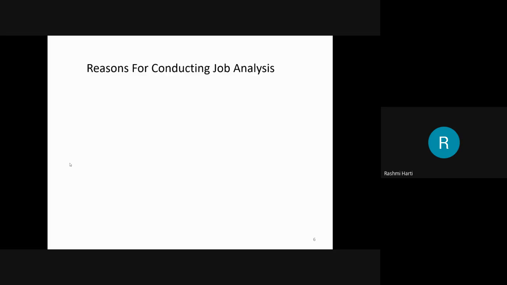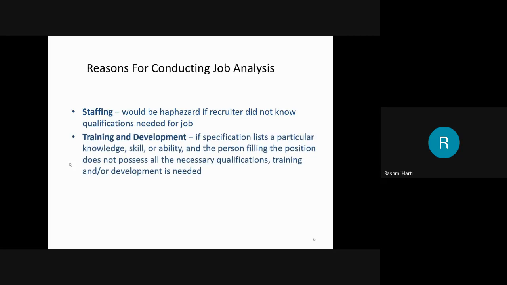Okay, so here, why do we have to conduct job analysis? First is for staffing purposes, as I said, for human resource planning. Staffing would be haphazard if the recruiter did not know the qualification needed for the job. Job analysis is very much required to understand the importance and worth of that particular job in the organization, and whether recruitment is really required.